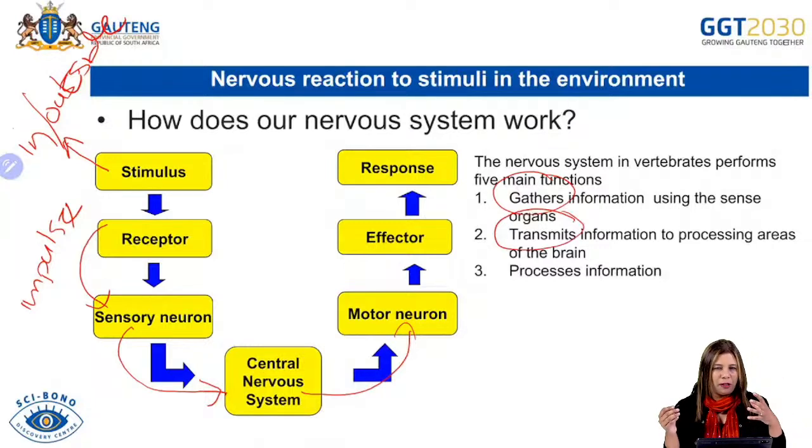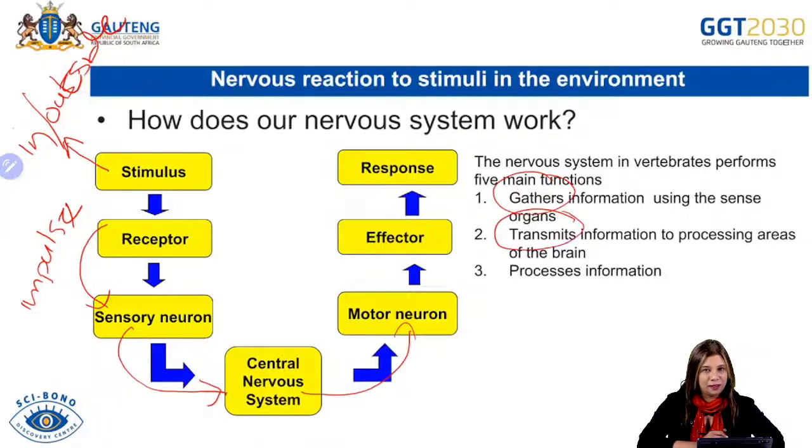So what does it mean when it processes? It's got the information, it's analyzing, so now the brain is deciding, what do I need to do with regard to this? Which system should I alert? Should I alert the respiratory system? Should I alert the reproductive system? Should I alert the circulatory system? So there are many systems.